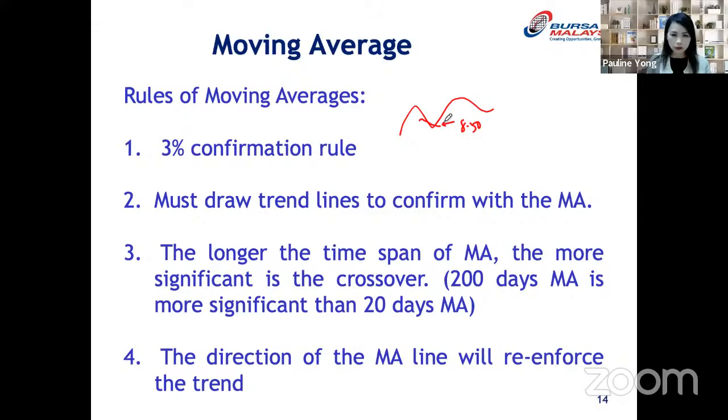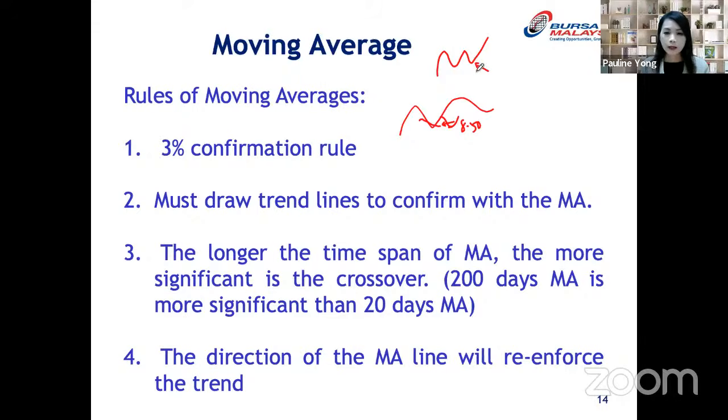Another type of confirmation: you can wait for it to break out and then wait for it to retrace. After it breaks out, it will not go all the way up to the roof, it will retrace a little bit. The moment it retraces, it's a confirmation as well. The price will break out, retrace, and then go up again. This may be a few days, or one or two weeks later, then you see this confirmation.